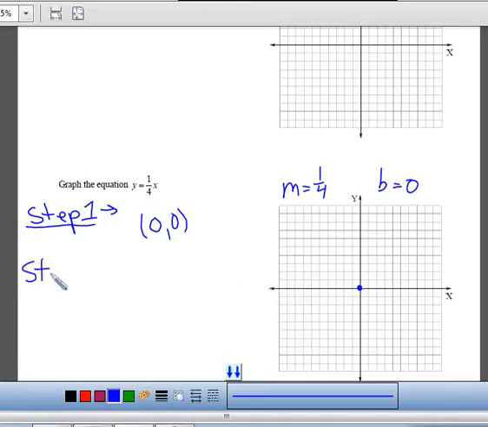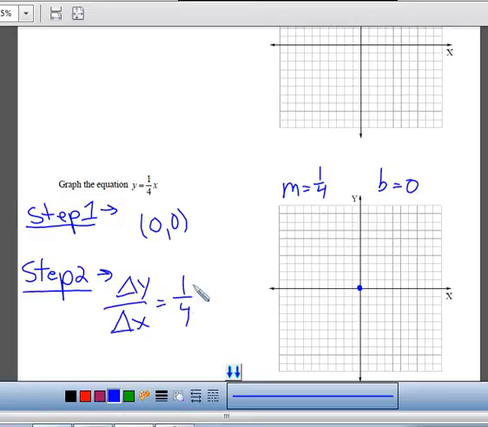So step 2 is to do my change in y over change in x, and that's 1 over 4. Positive 1 means up 1. Positive 4 means right 4. Then up 1, right 4. And that's enough points for me to plot a line.